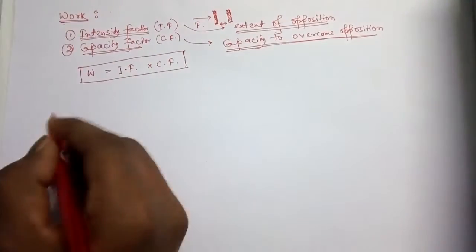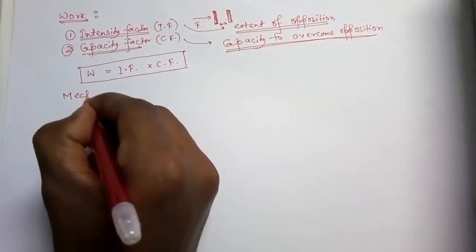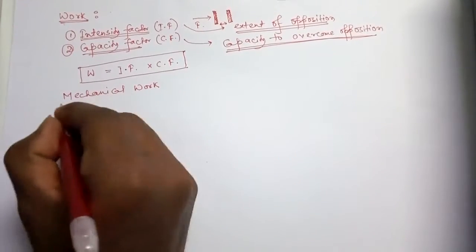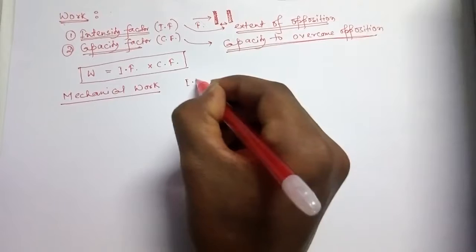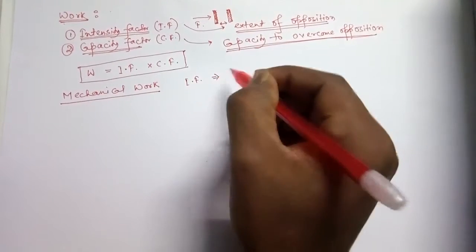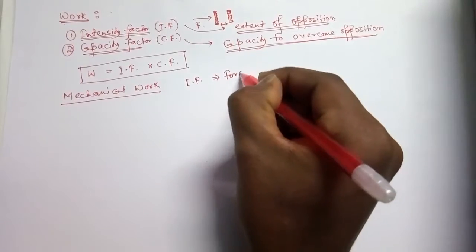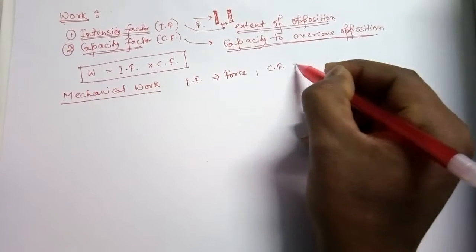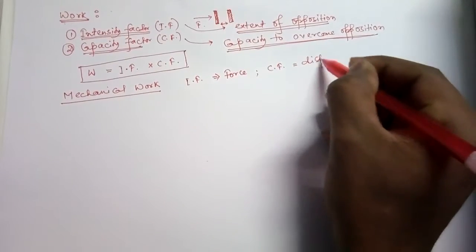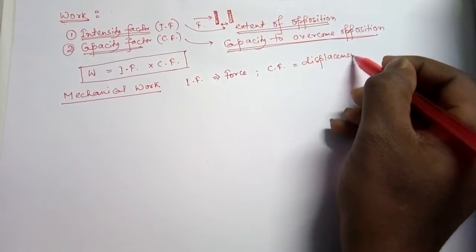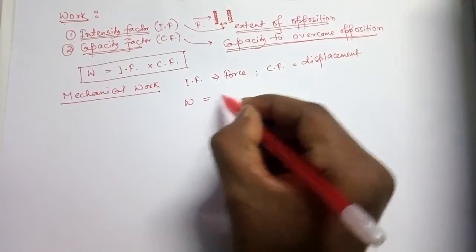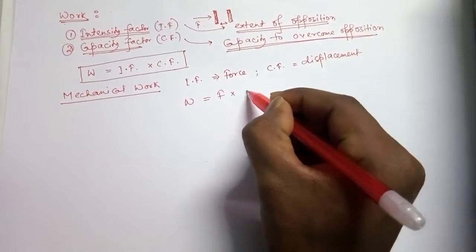If this is mechanical work, then intensity factor is the force, and capacity factor is the displacement. Now if we write, then W equal to force into displacement dl.